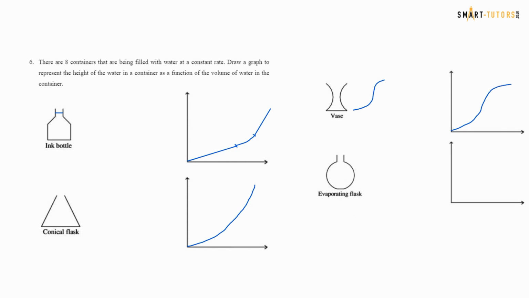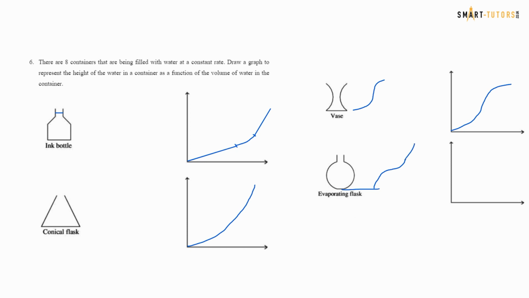A flask, like a spherical shape, and here rapidly increasing, then it's not rapidly increasing, it's gradually increasing, right? So it's gradually increasing, then rapidly increasing, then at the smaller cross section, it's a straight line.